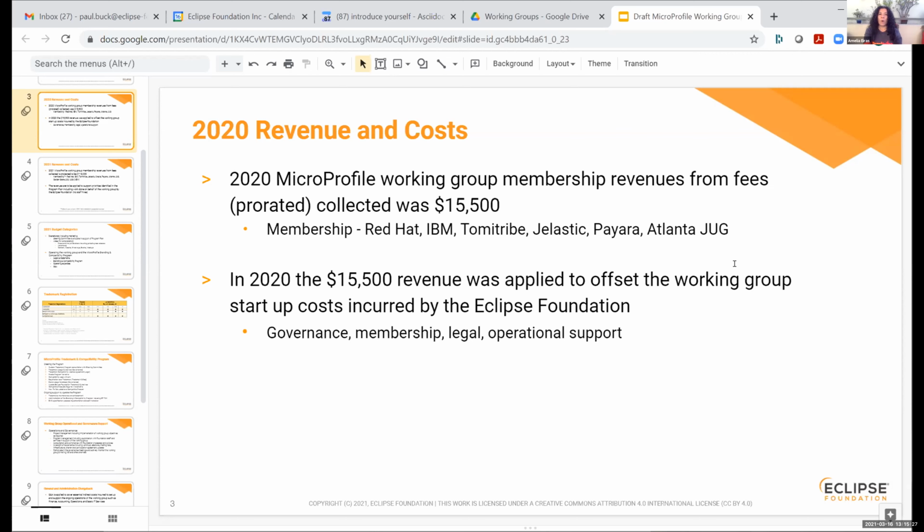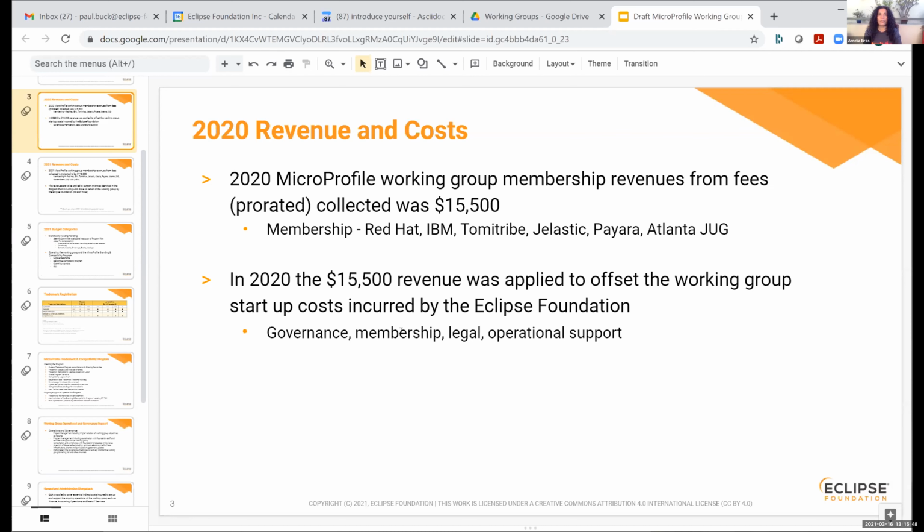You mean legal, Paul? It covers some of the legal work? It covers some of the legal, covers all the work on the membership, the work that we all did in collaboration with you to get the charter done, and the participation agreements worked, and the operational support to get the working group up and running.